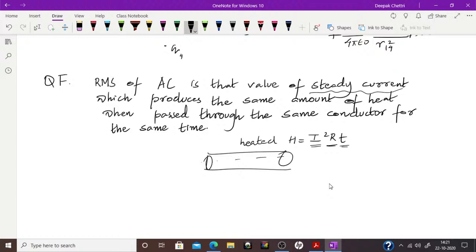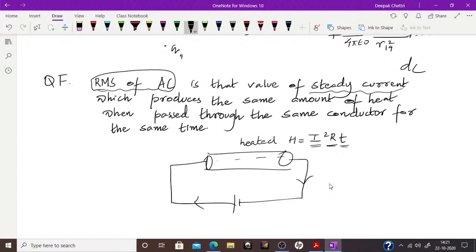So RMS value of AC is that value of AC which will produce the same amount of heat as a steady current. Steady current means DC current, okay, the current from a battery. So if the current produced by this battery produces the same amount of heat as produced by AC current when passed for the same time and through the same conductor, then that value of AC current is called RMS value. RMS stands for root mean square value. Okay, now yes or no?